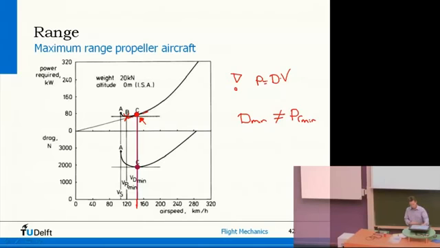So this curve is basically a measure for power divided by airspeed, which is drag times airspeed divided by airspeed, which is drag. So a line from the origin, if it just hits the curve, that's the same minimum point, just a mathematical thing. So you can read from the diagram, okay, if I have this aircraft, I have to fly at 140 kilometers per hour to get as far as I can.